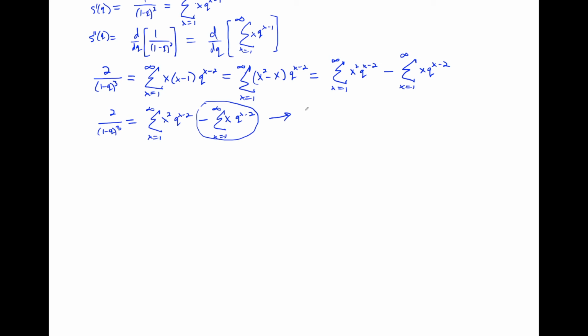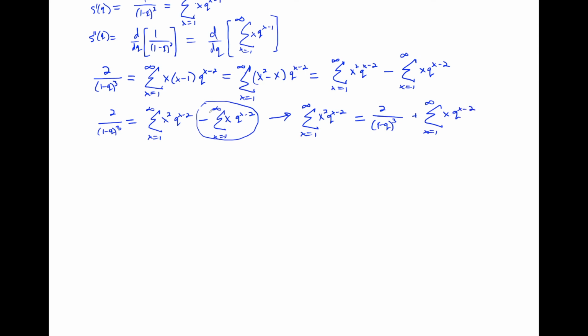And so that becomes the sum, x goes from 1 to infinity, of x squared q to the x minus 2 power is equal to 2 over 1 minus q quantity cubed plus the infinite sum, x goes from 1 to infinity, of x times q to the x minus 2 power.